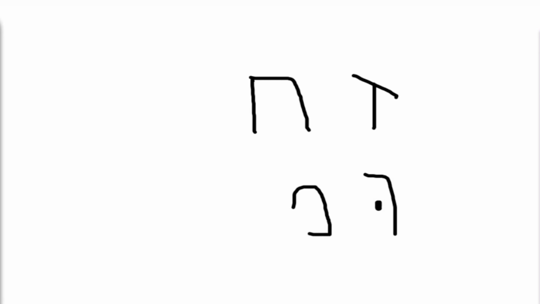Okay, let's do it. What letter is that? Zayin. Look at your notes if you need to. How about this letter? Het. What about this one? Challenging the memory. Shuruk. And what about this? Interesting letter.